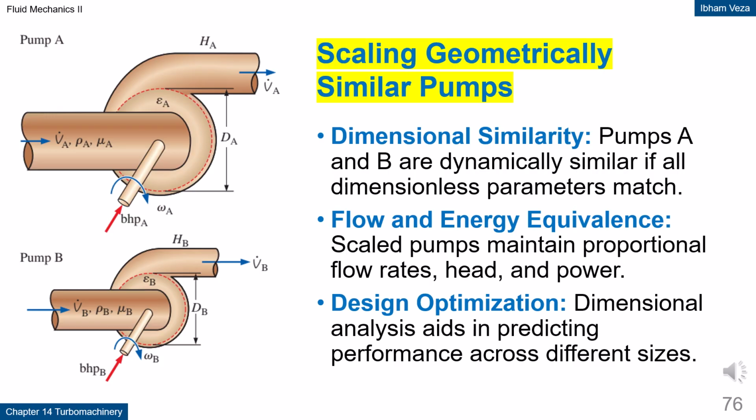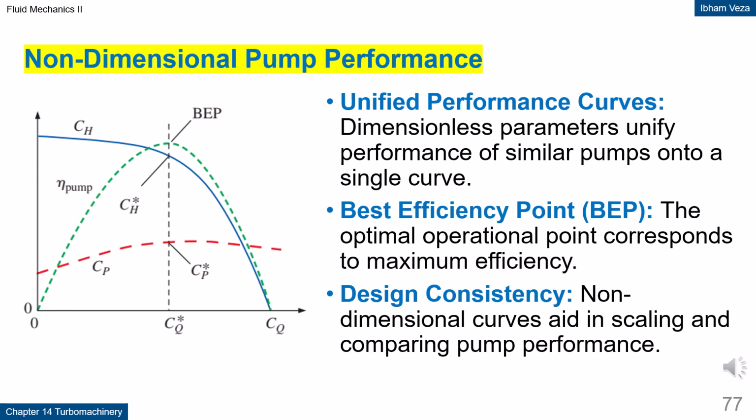Under this condition, the ratios of flow rate, head, and power follow well-defined scaling relationships. This concept allows engineers to test a small model to predict the performance of a large prototype. As long as geometric and dynamic similarity are satisfied, the test results can be transferred with confidence. This approach saves both cost and development time.